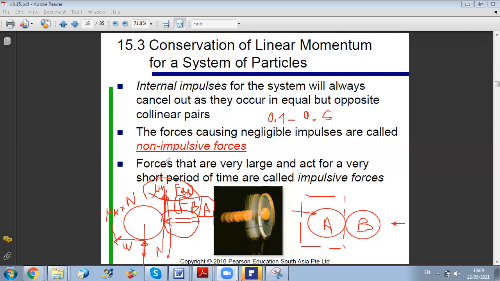I call it an impulsive force because it is related to the impulsive force by a certain coefficient.